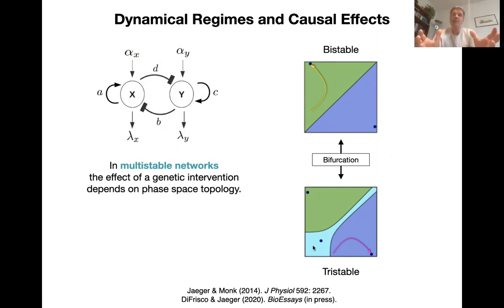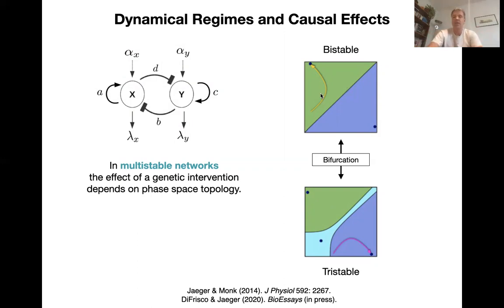Now, the main point that you need to take home here is that most of these regulatory networks, even a very, very simple one like the toggle switch, are multi-stable. This happens in most nonlinear systems, okay? And if you have such a multi-stable network, the effect of a genetic intervention depends on the phase space topology. If you push the system around, if you change the parameters, if you change where you are, you will get different effects, okay? It depends where you are right now.